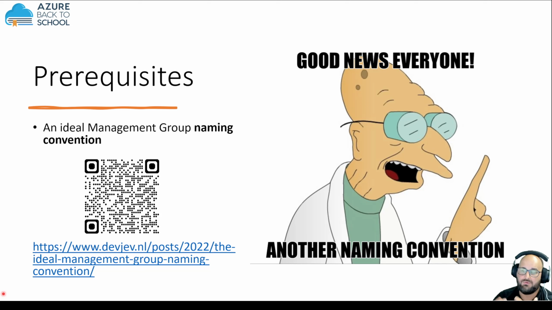You want to set them up in a way, and I actually wrote it in 2022 before I realized that we can create a vending machine for management groups. However, when I wrote it, it was written in a way that it was already in line and compliant with vending strategy. So I didn't have to change anything, just reference it. So good news, everybody. Another naming convention.